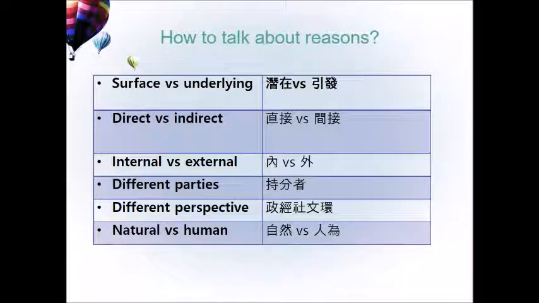And there are different reasons because different parties have their concerns, and then the reasons can be from different perspectives. And then reasons can be natural or human. It's just a kind of framework for you to think about possible reasons when you write essays about social issues.